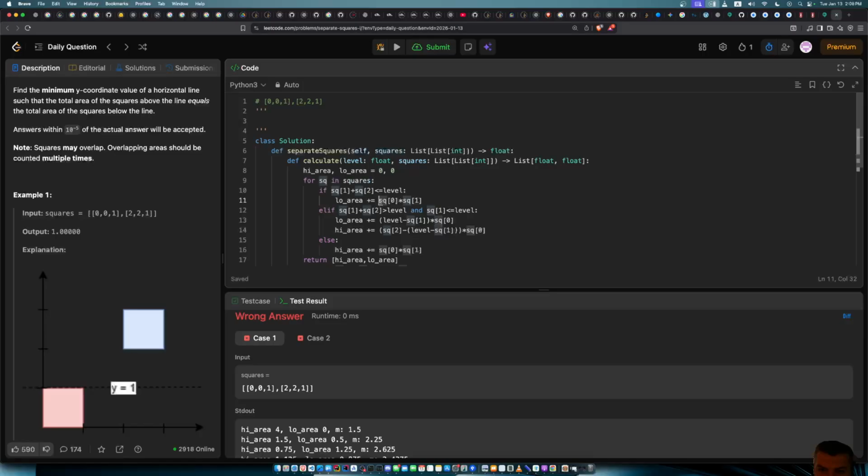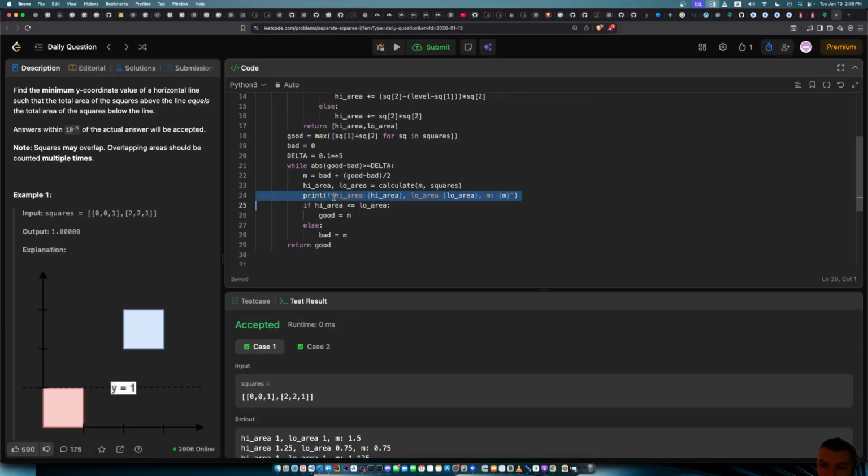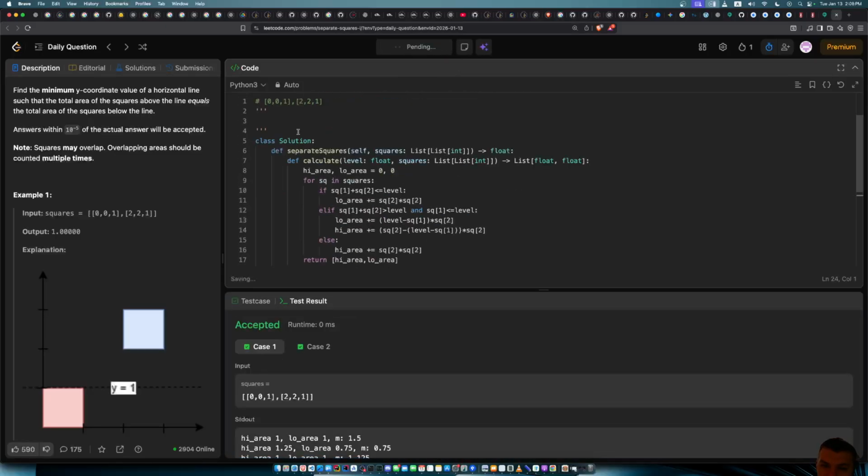So the left area is going to be, oh, okay, I got it: square 2 by square 2, and then square 2 by square 2, and then here it's going to be this one multiplied by square 2, and then square 2 here. Yep, I messed up the formula actually. Okay, and then submit.